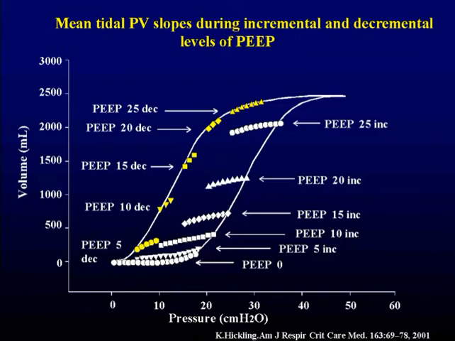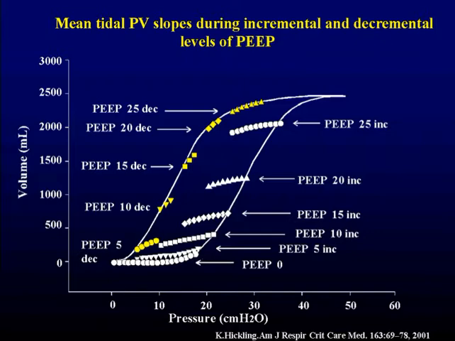What he found was that when analyzing compliance on this part of the relation, it was very difficult to extract valuable information. Compliance was very much dependent on processes such as ongoing recruitment and overdistension, and there was no correlation between the compliance in this part of the relation and the occurrence of lung collapse.